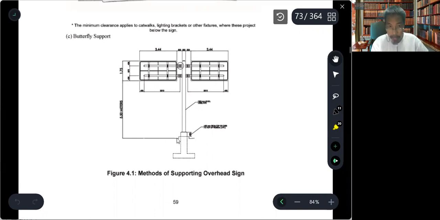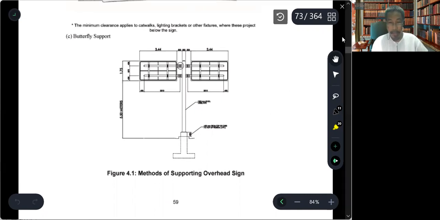From this to this is one side of the road, and from this to the other is another side of the road. So the purpose is we will have guide signs on both lanes.